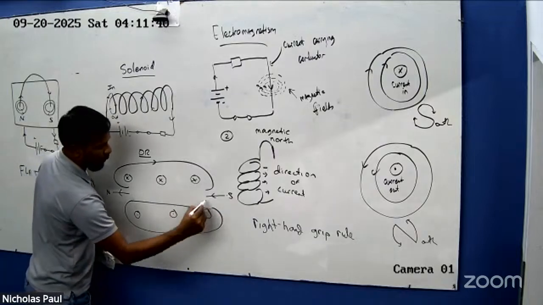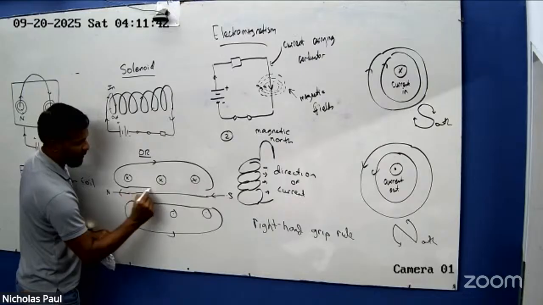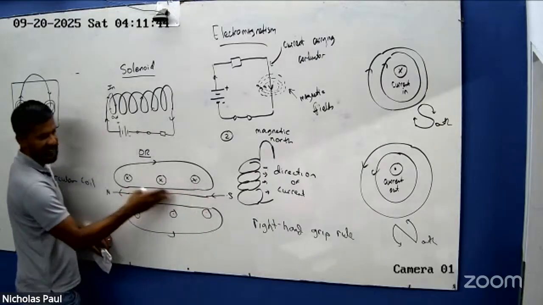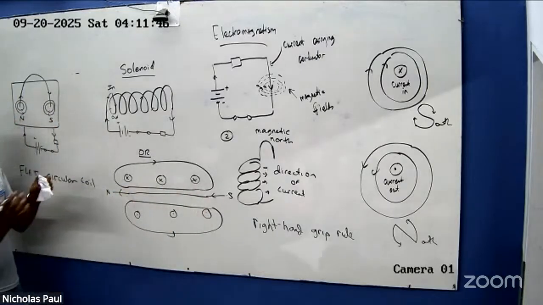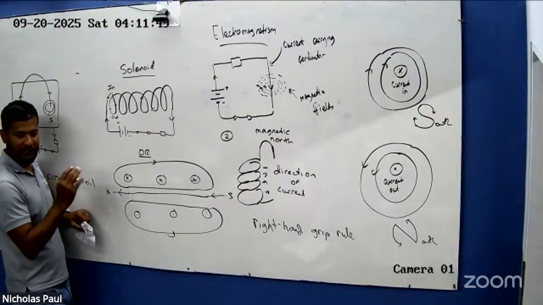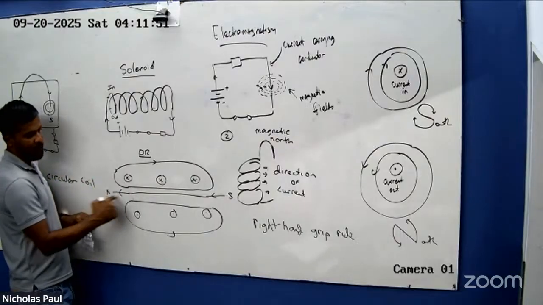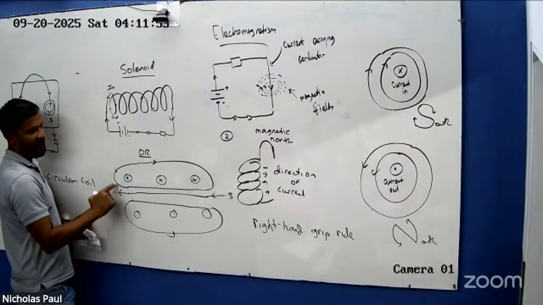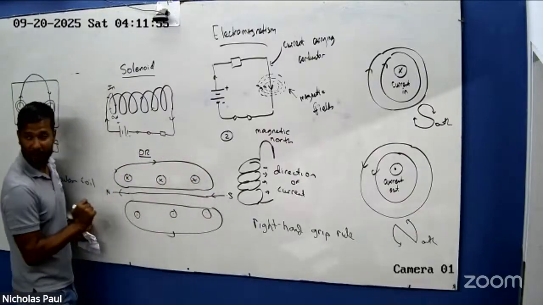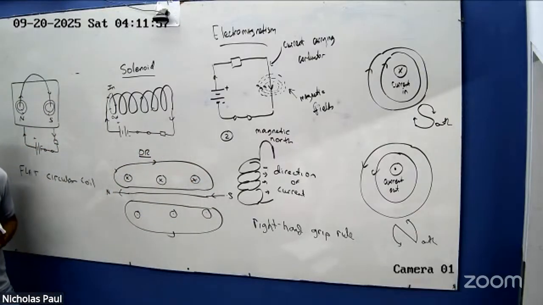Don't worry too much about what's going on inside here. Inside, the small dipoles are lined up. What you are interested in is that if here is north and here is south, magnetic field lines leave the north and go towards the south. You okay with that?